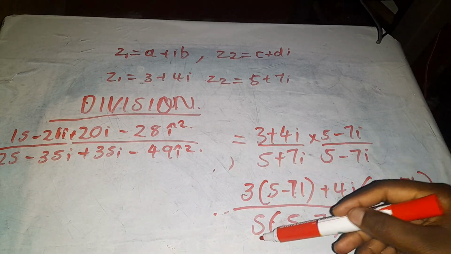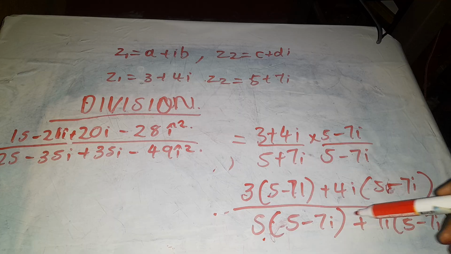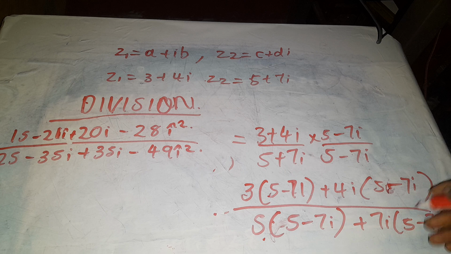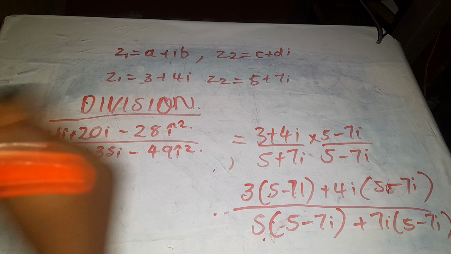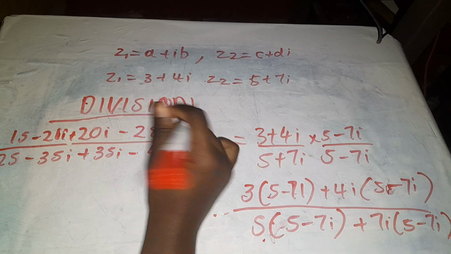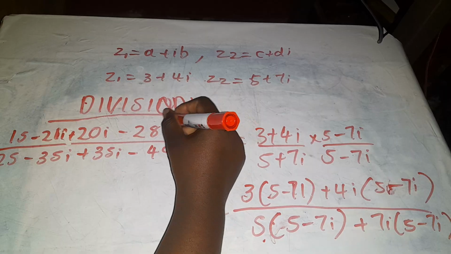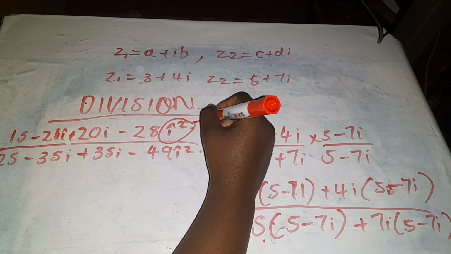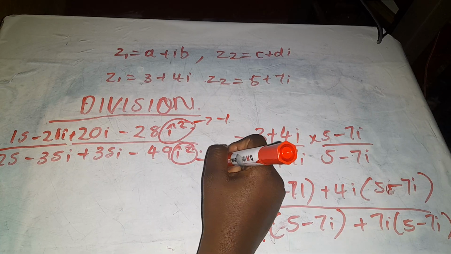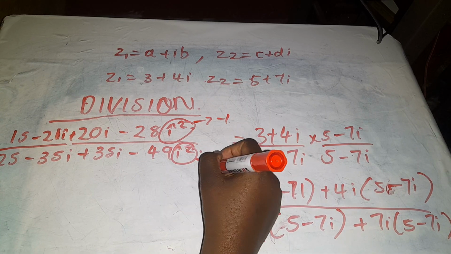Then 25 minus 35i plus 35i minus 49i squared. So when you change this, negative times negative, this will become positive. i squared is equal to negative 1.